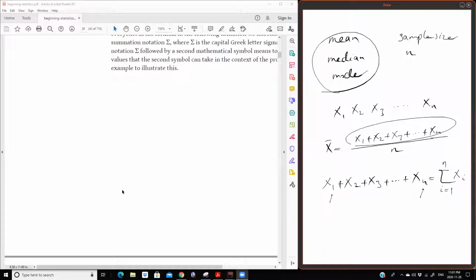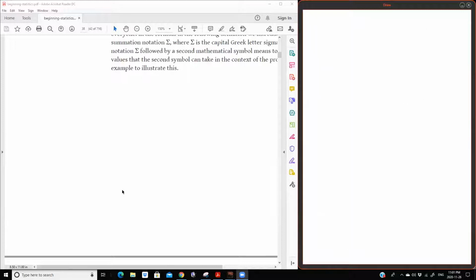For example, sigma with i from 3 to 7 of A i means A3 plus A4 plus A5 plus A6 plus A7. Rather than writing this long and cumbersome expression, I just use the shorthand notation, the sigma notation.